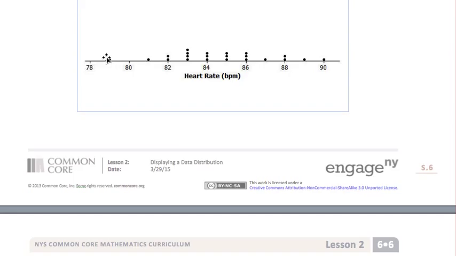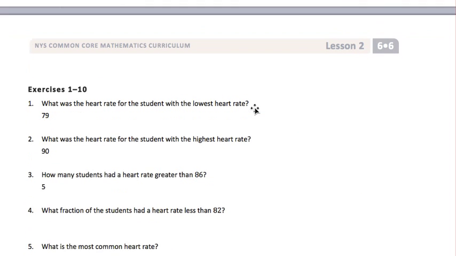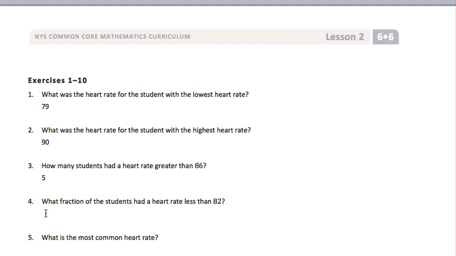We'll just count up all the dots to find the total number of students. 1, 2, 3, 4, 5, 6, 7, 8, 9, 10, 11, 12, 13, 14, 15, 16, 17, 18, 19, 20, 21, 22. So 2 out of 22, or simplified, 1/11, had a heart rate less than 82.